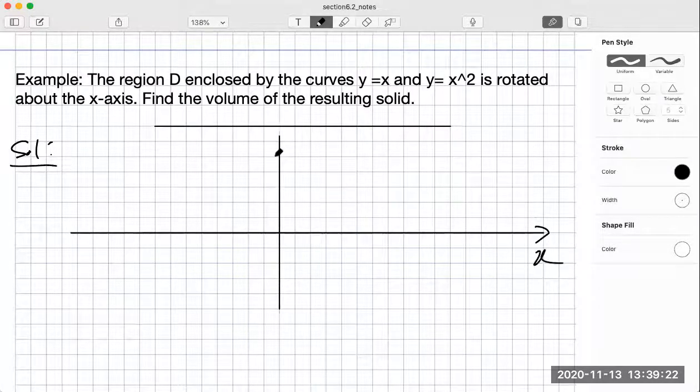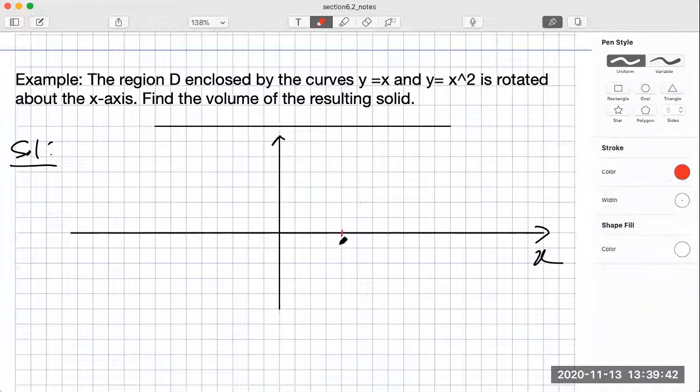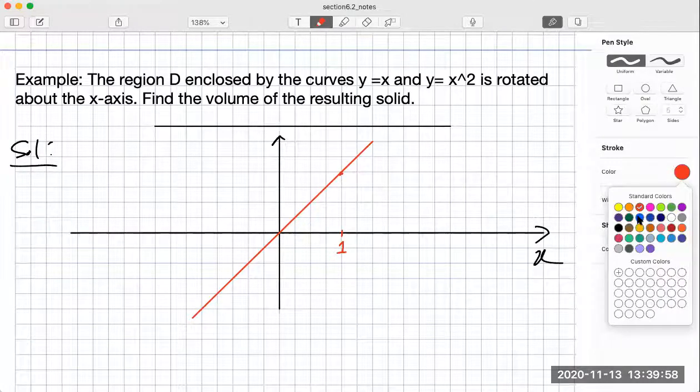And we have done this many times in chapter 5, right? Or the simplest way is to pick some special values. This is a linear line. At x equal to 1, what is y? Okay, this is the line y equal to x.